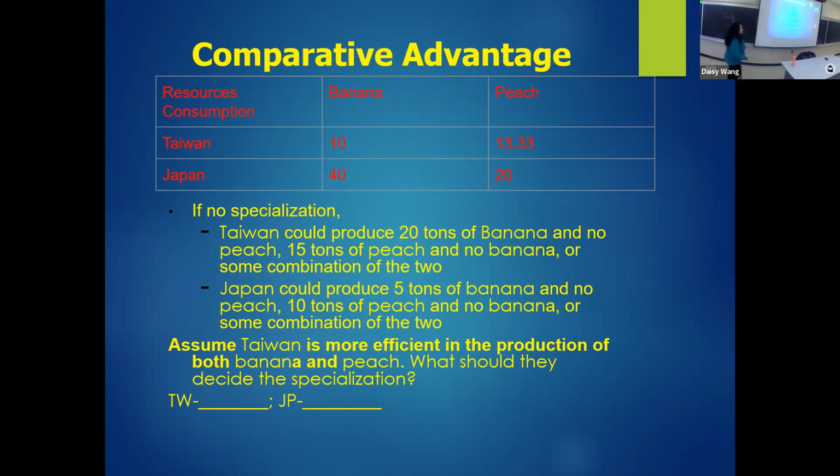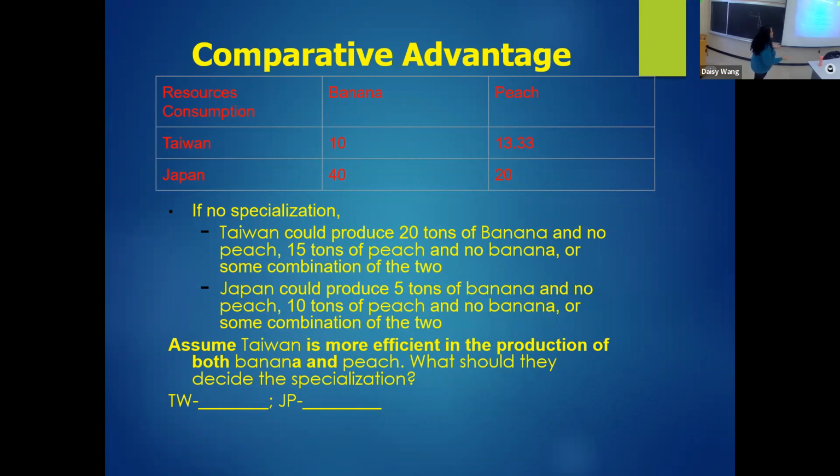So if that's the case, what should Japan do? Should they just give up? No. If this happens, we can still focus on what we are good at in our own country. Like we are better at producing banana, right? It only costs us 10 units of resources. And for Japan, it would cost them 20 units of resources to make 1 ton of peach.